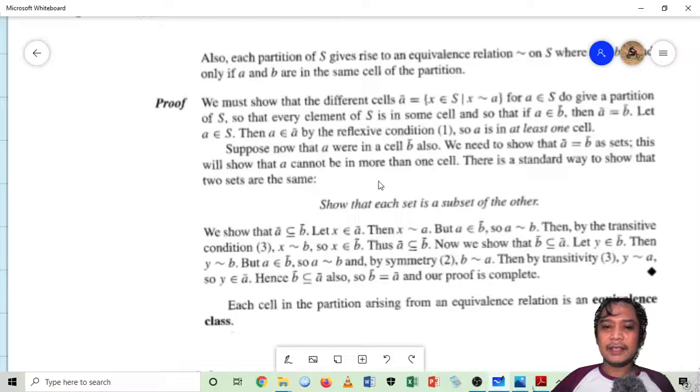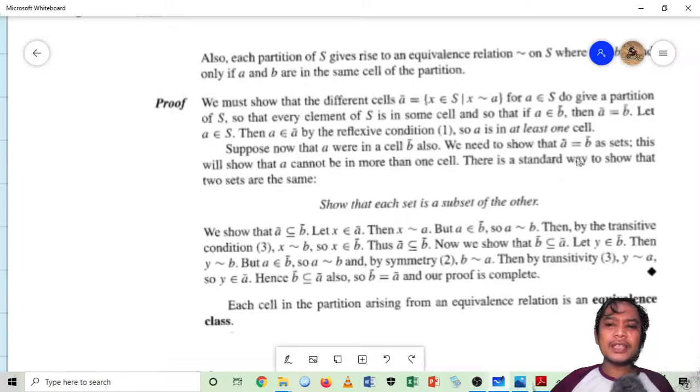But, A is in B bar if A is related to B. But, if A is related to B, since the relation is an equivalence relation, meaning it is symmetric, it would follow that B is also related to A. Meaning, B is in the same cell as A, or it is in the cell containing A. Okay?